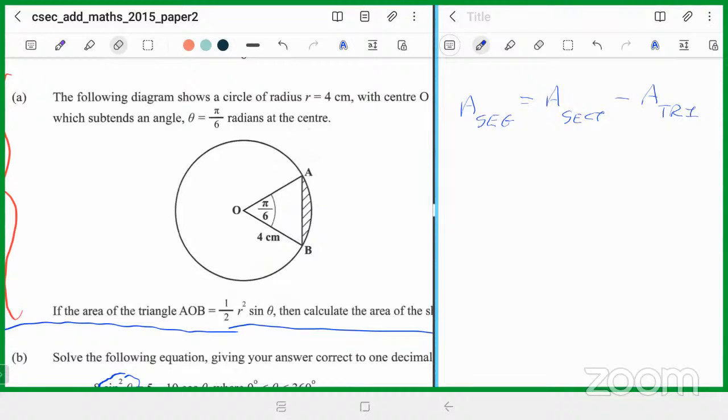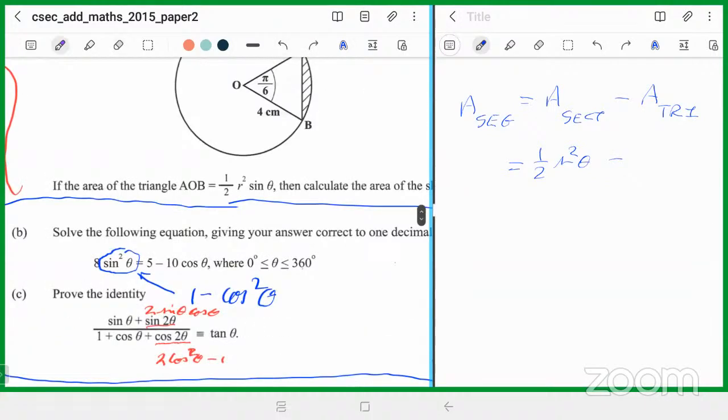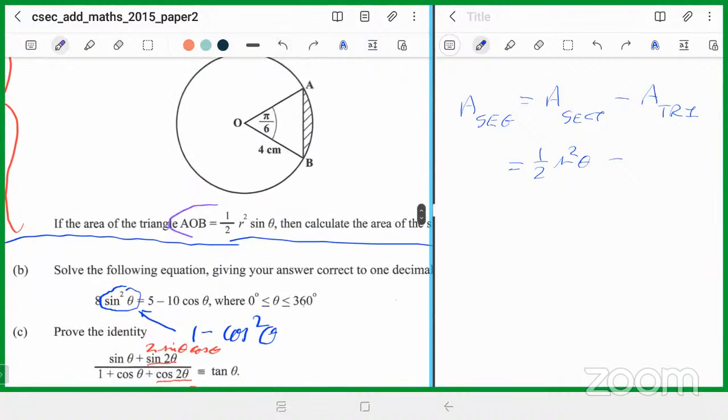That is all. The area of the sector is half r squared theta. The area of the sector triangle, they gave it to us right here. But it's not every question that they're going to tell you this.